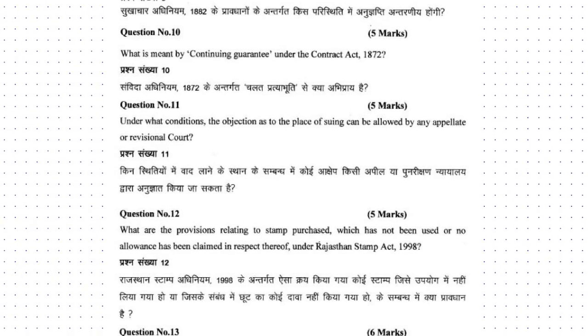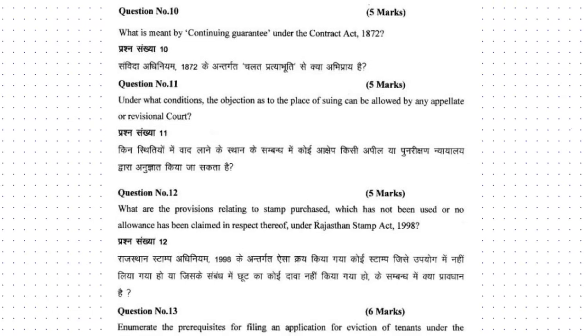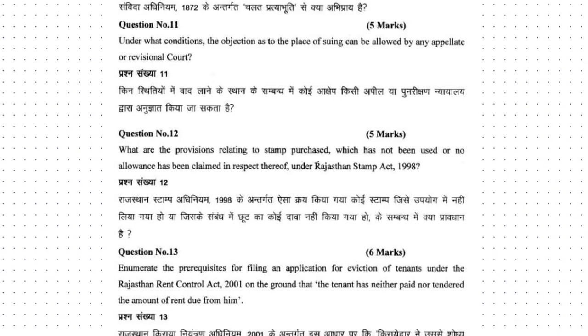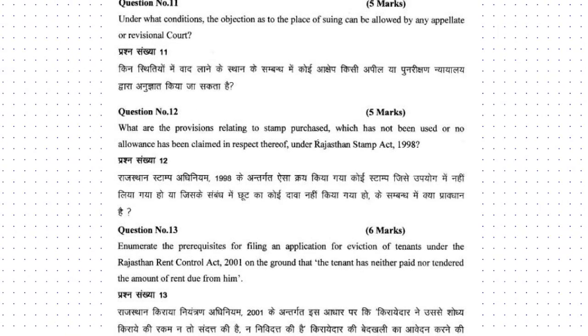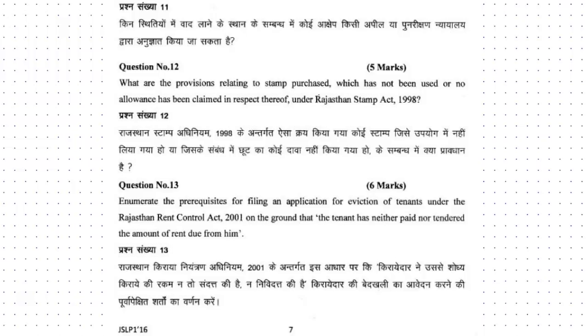But these older papers will have a lot more questions on local laws, which might not be applicable to you anymore. So if you see any of the local law questions which are not in the syllabus anymore, just avoid them. Just don't do it. Don't waste your time. Just do only the questions for the local laws which are now in the syllabus.